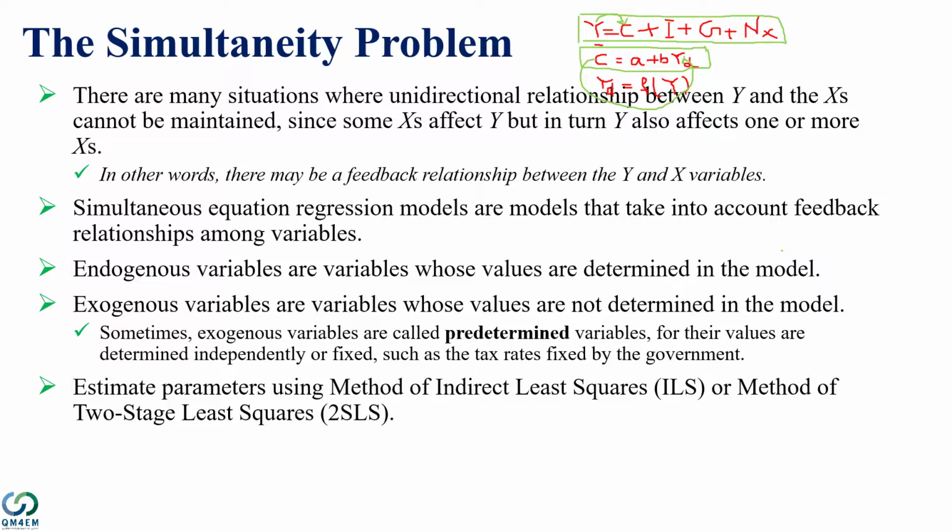These models cannot be estimated through the ordinary least square method, because the ordinary least square method is good only for a unidirectional relationship between y and x variables. To take into account the feedback relation from y to x as well, we have to use different estimation methodologies.